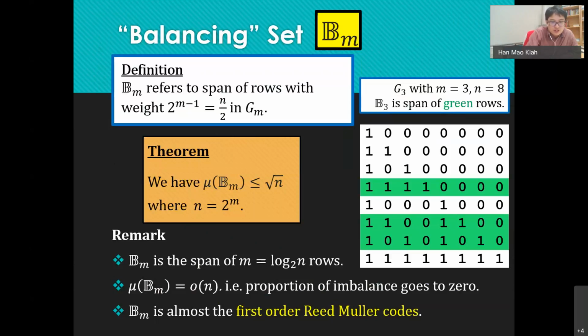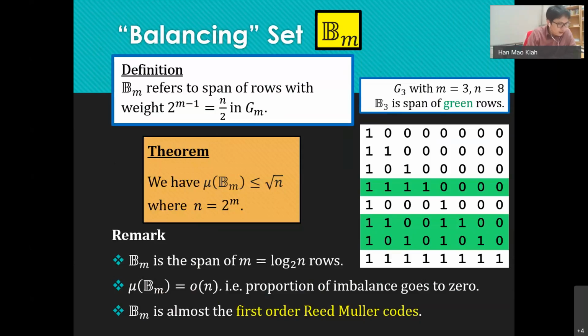Now, what we have essentially shown is that the imbalance is little o of n. This means that the proportion of imbalance goes to 0 as n goes to infinity. And what we notice is that, all this while as n goes to infinity, the rate penalty that we pay is simply log n. So this is actually negligible in terms of rates.